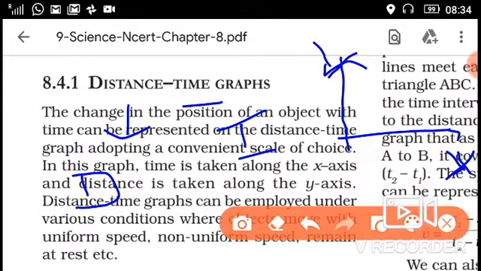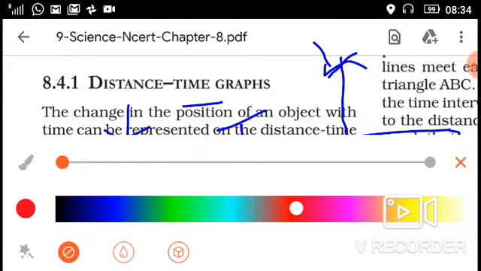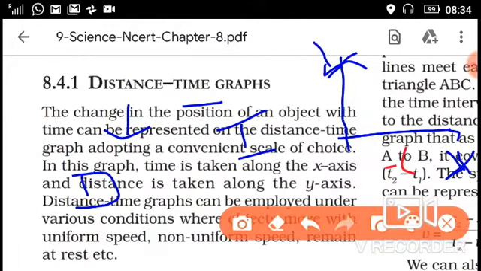We represent time on the x-axis and distance on the y-axis, because a dependent quantity is represented on the y-axis and an independent quantity is represented on the x-axis.